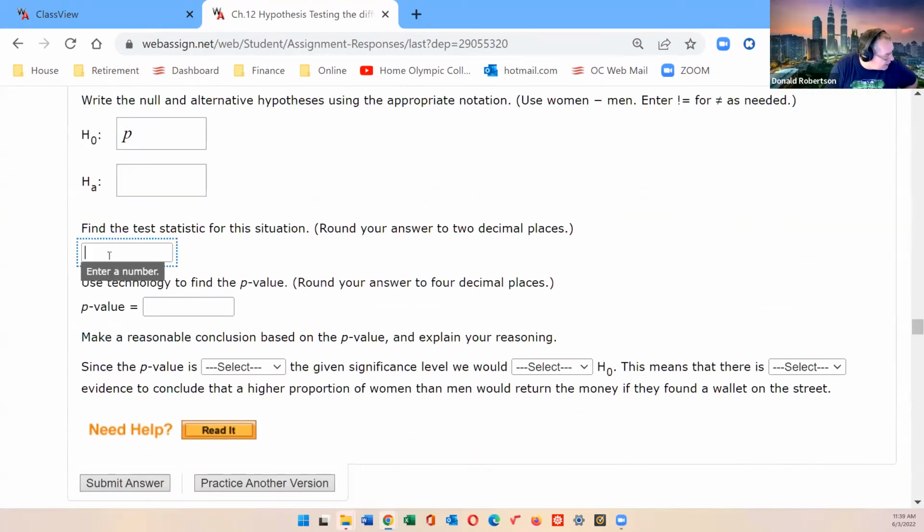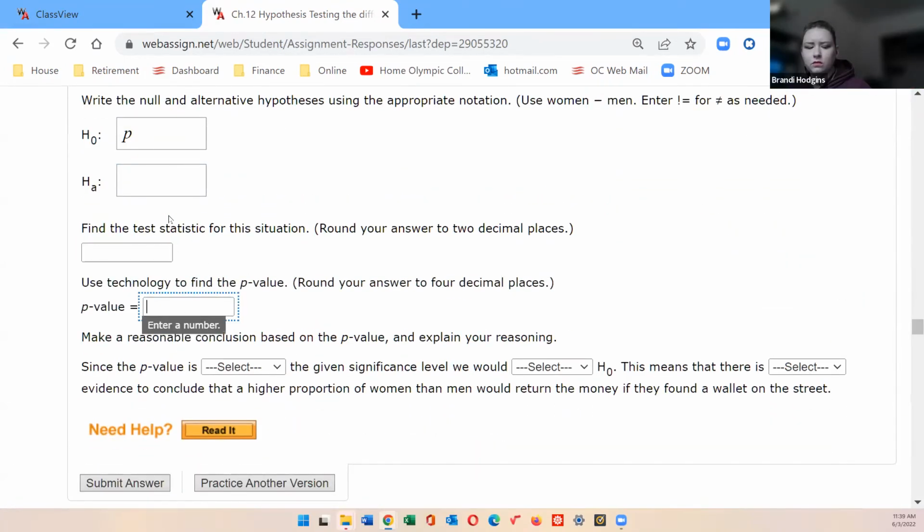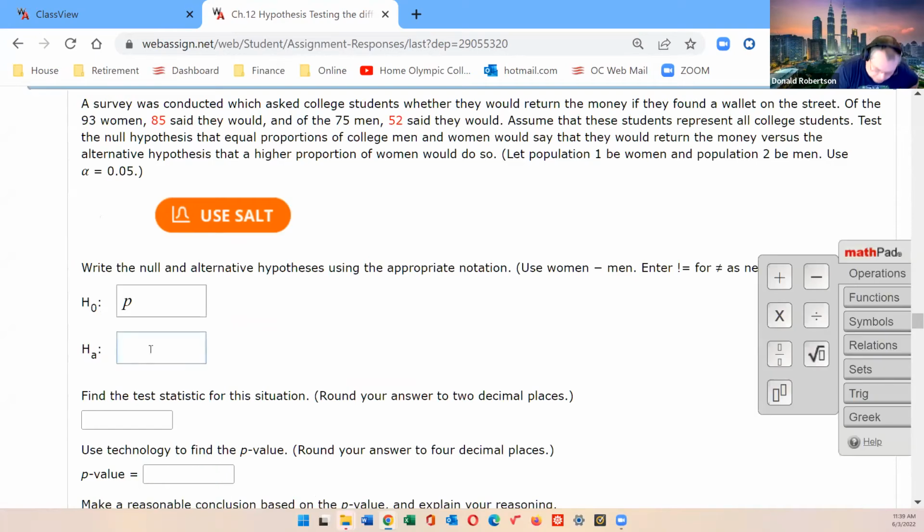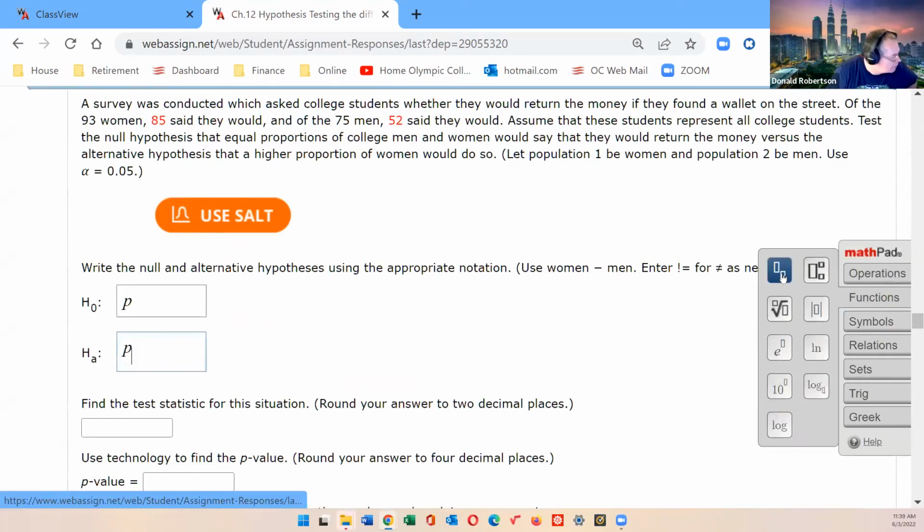The alternative was wrong. It said what was wrong? The alternative. Oh, now the alternate should be P1 take away P2. So males take away females should be greater than 0, right?